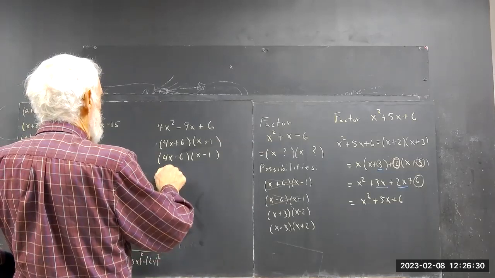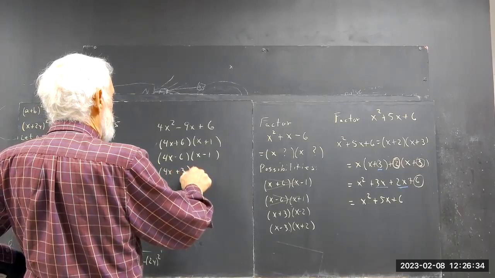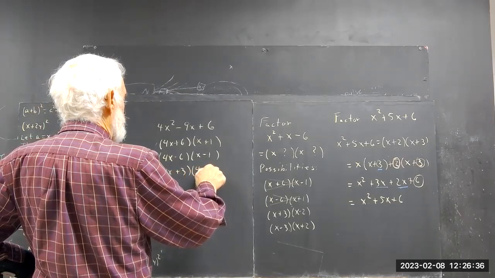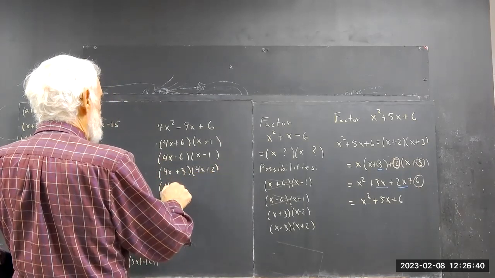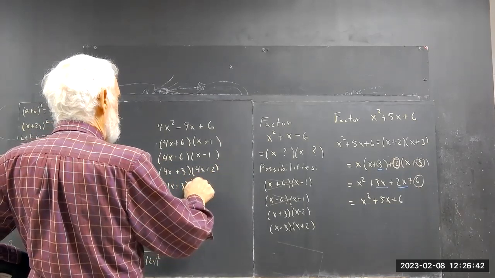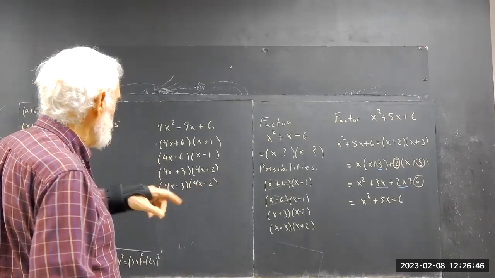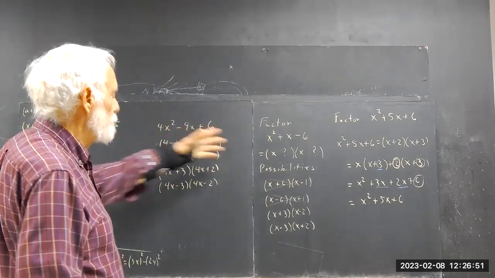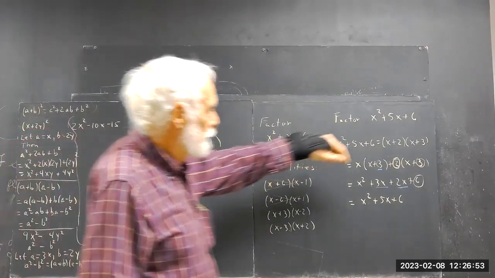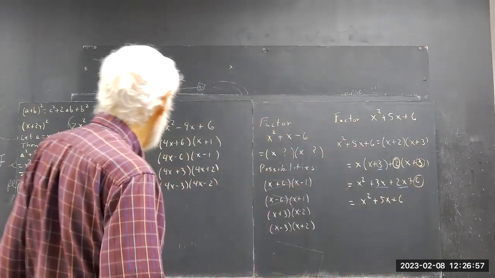Or we could do 4x + 3, 4x + 2, 4x - 3, and 4x - 2. In every case, these two numbers multiply out to 6. If you use a distributive law, just like we did over here, you see if these two numbers will multiply out to whatever you get at the end.